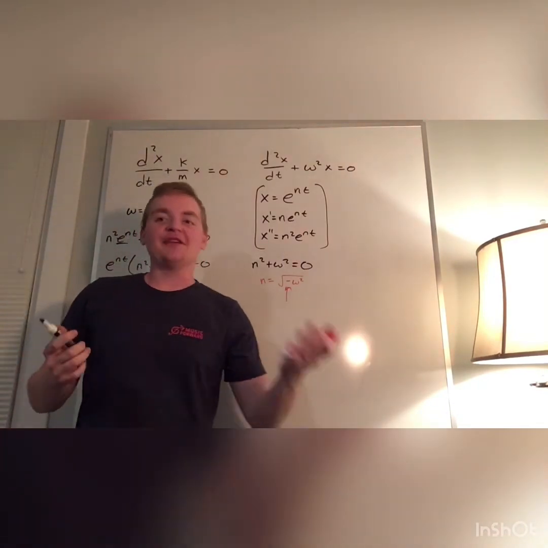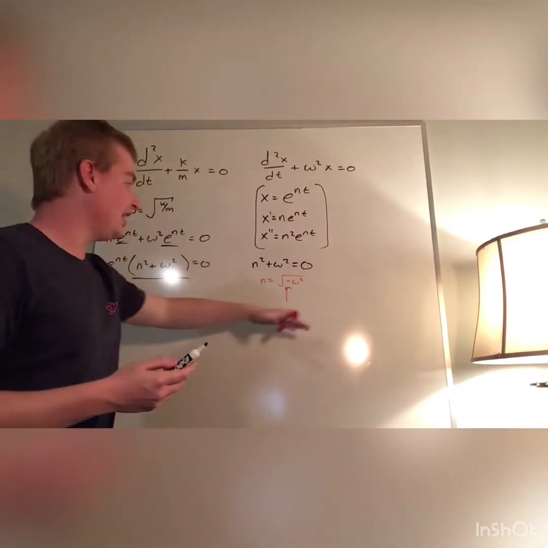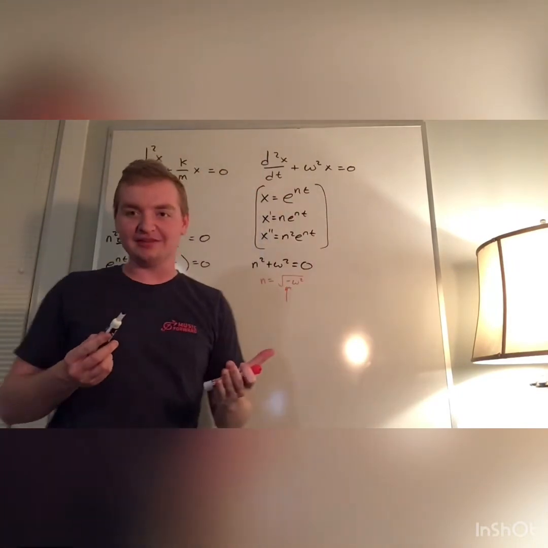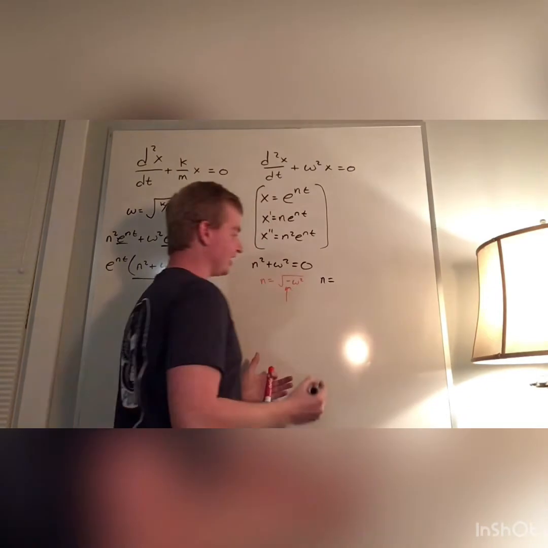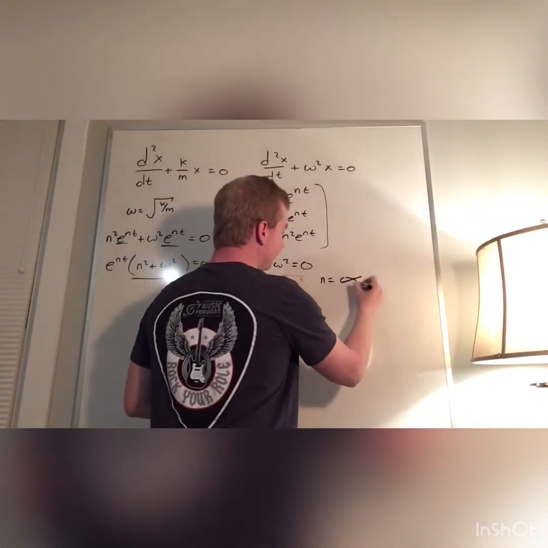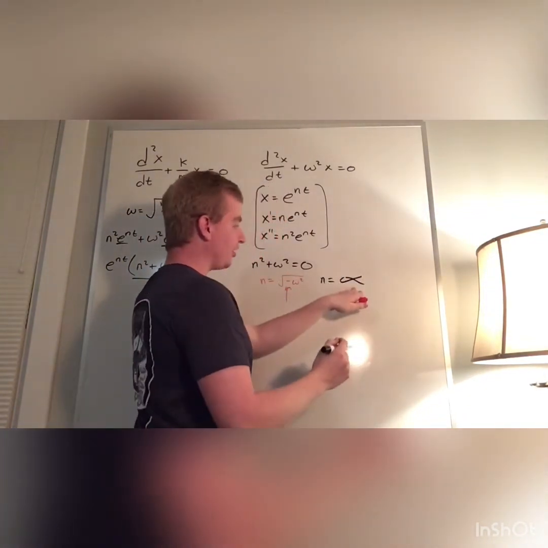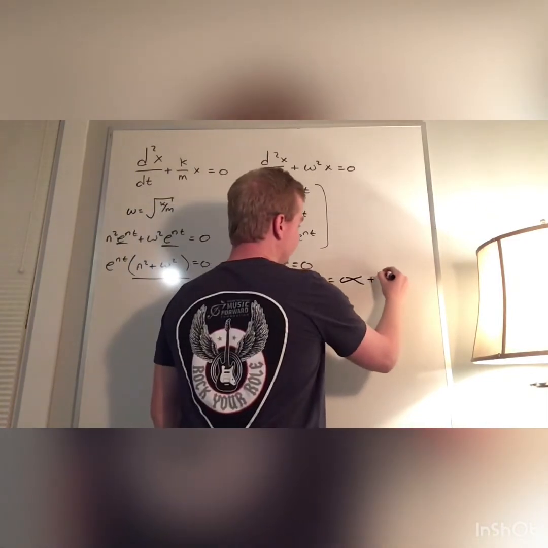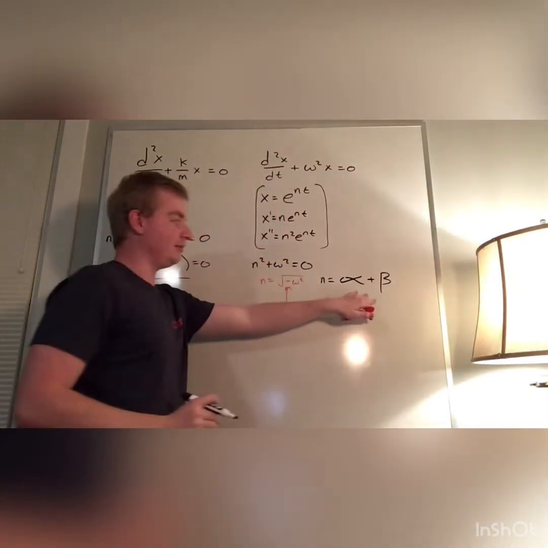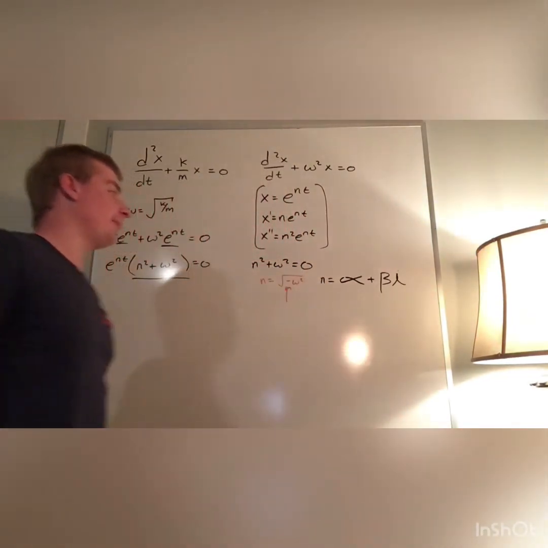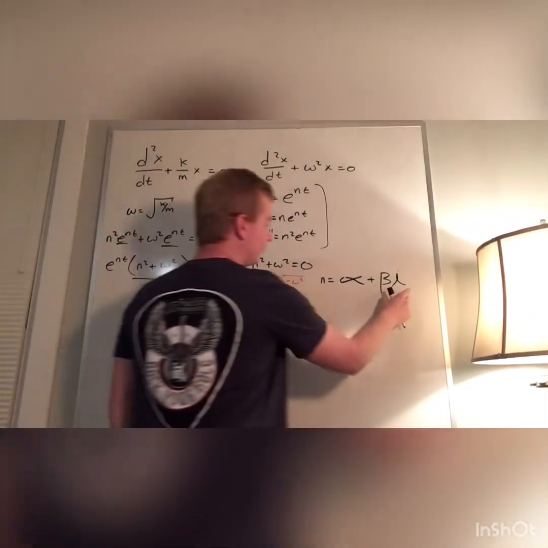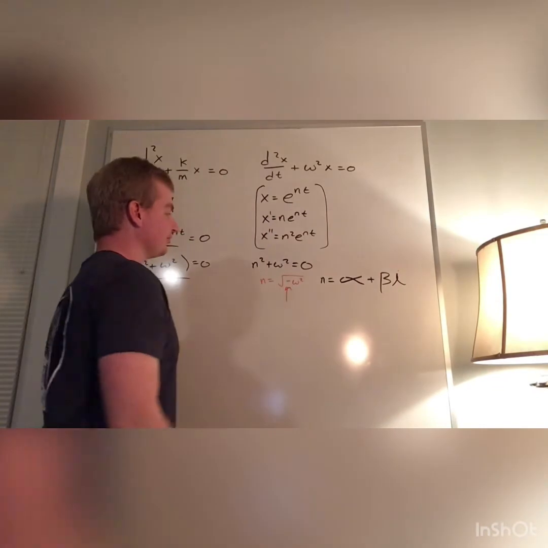That means we're going to have some complex thing going on, right? So n is going to be equal to some complex number where alpha is the real part plus beta, which is the imaginary part, times i. Okay? So this is the imaginary part. This is the real part.